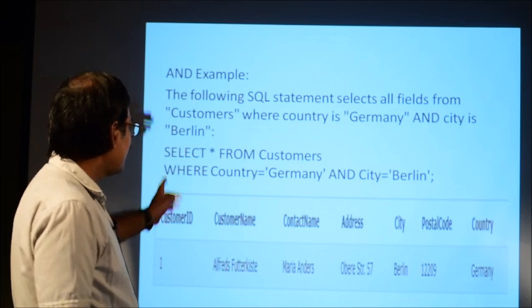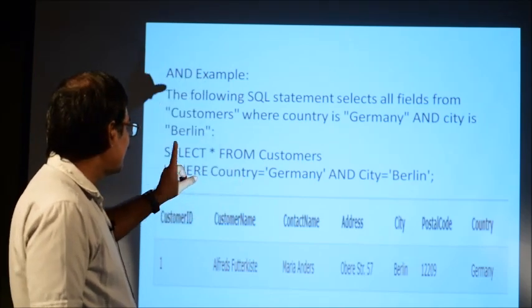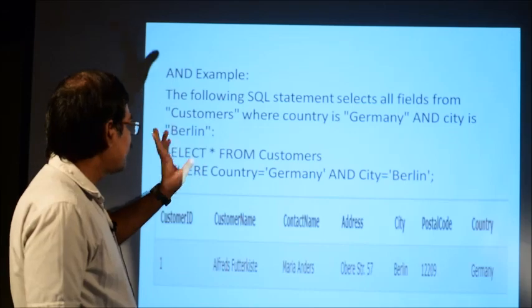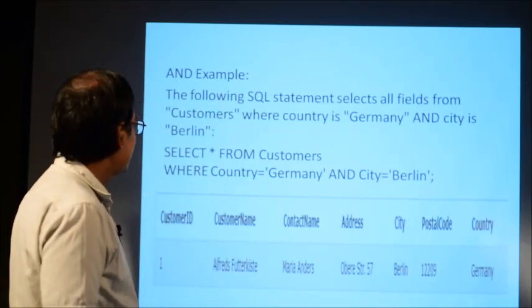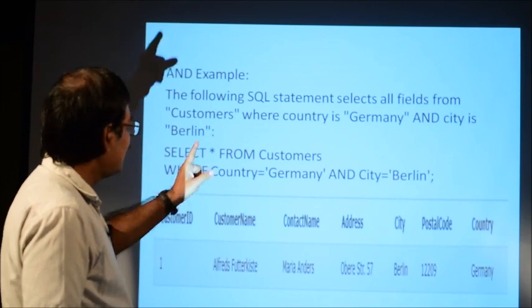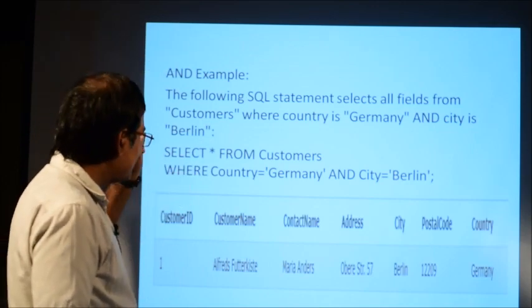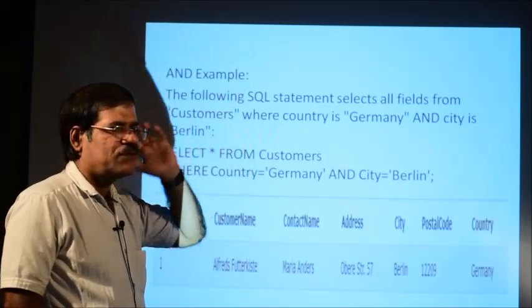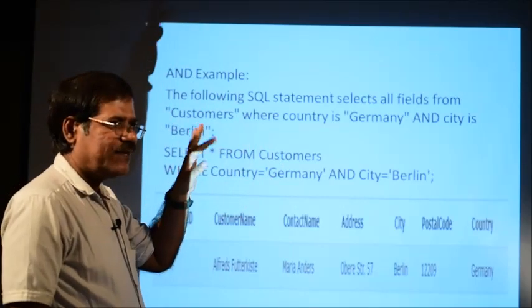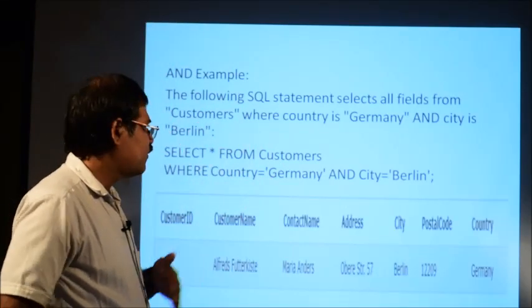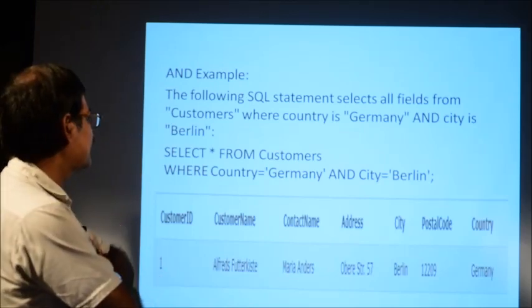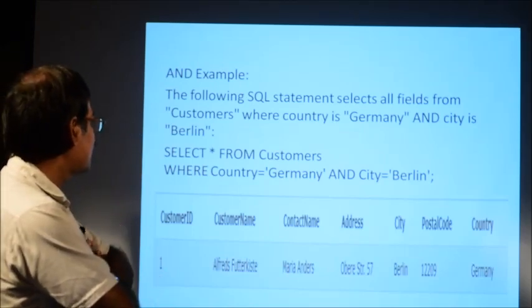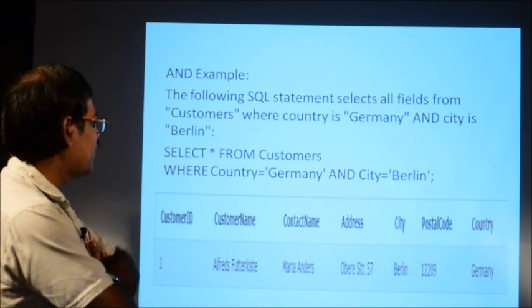Condition 1 is country equal to Germany, condition 2 is city equal to Berlin. Both must be true, and then that record will be fetched from the table. Only one record in that table matches.